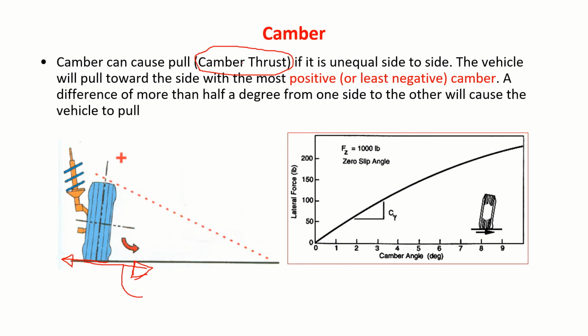Camber thrust will always act in the direction towards which the wheel is tilted. That means with positive camber, it is this way. It creates a lateral force, and this lateral force I call camber thrust. You can imagine a cone rotating, trying to slide like this. To oppose that, there is going to be a reaction force.